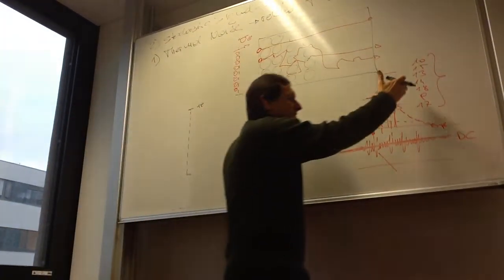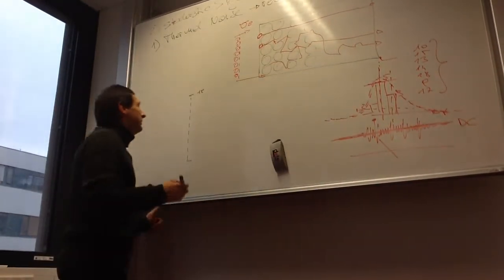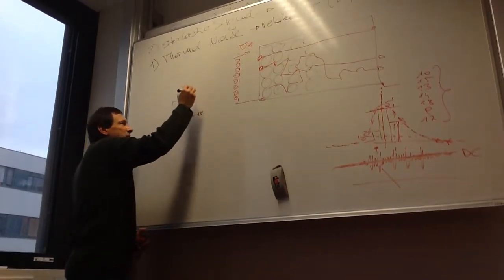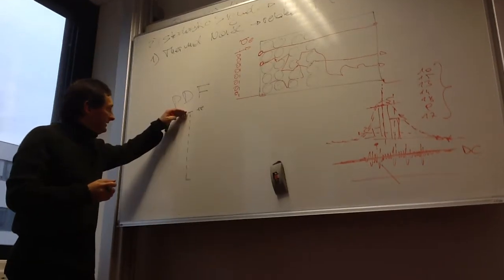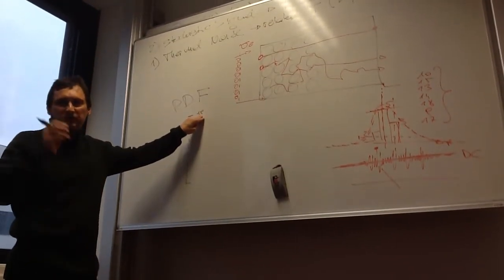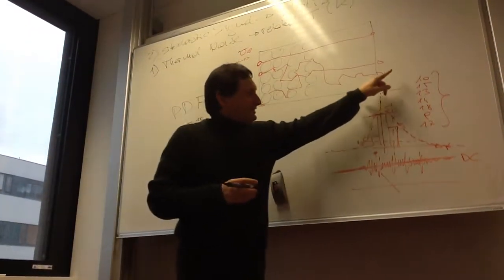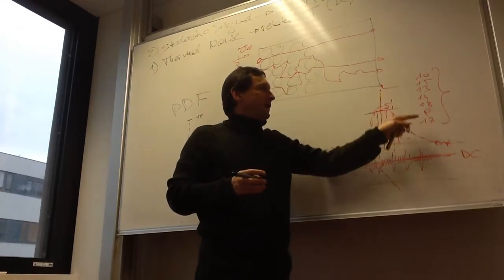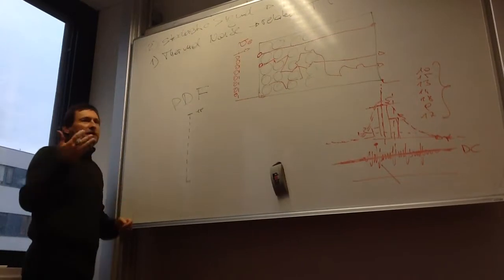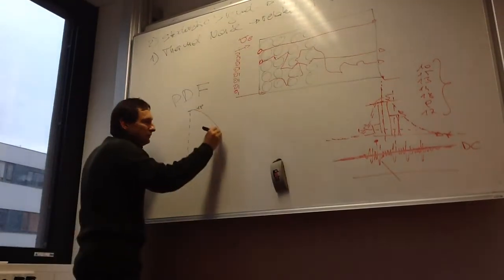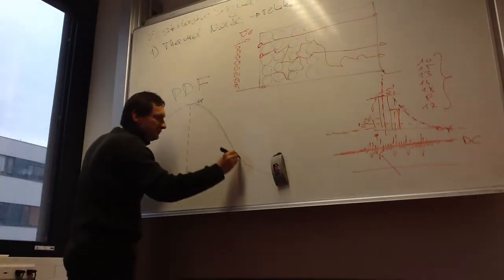Yeah? So all these numbers we collect for a long period of time, and then we make a probability distribution function. So we state here the probability for seeing one special value. And if we do this, so we just collect the numbers and count how often they are measured and do a distribution over this probability, then we will see this Gaussian distribution of the values.